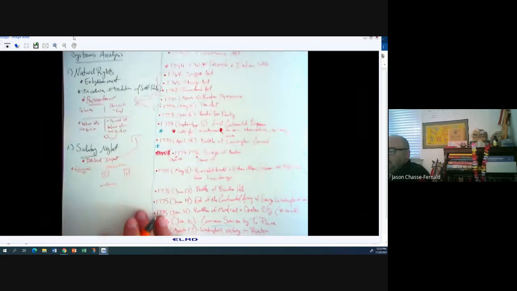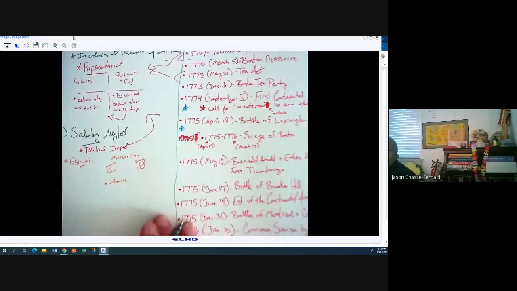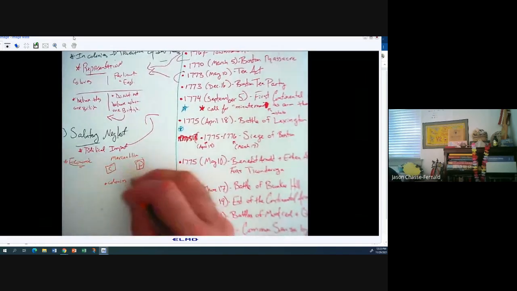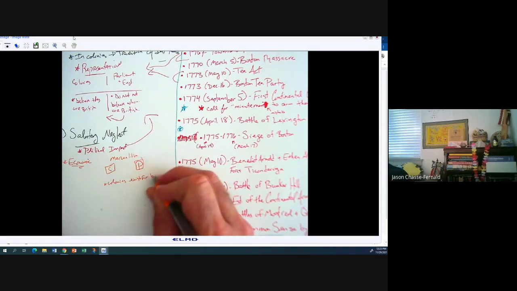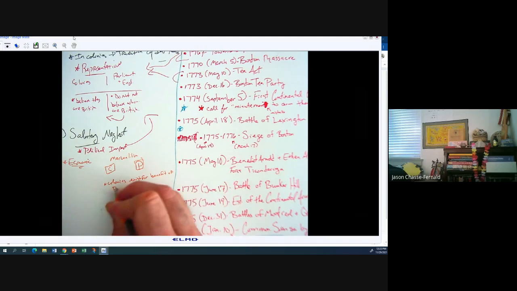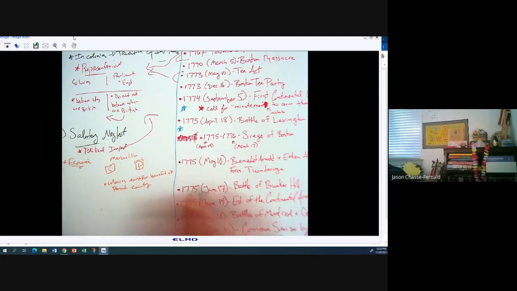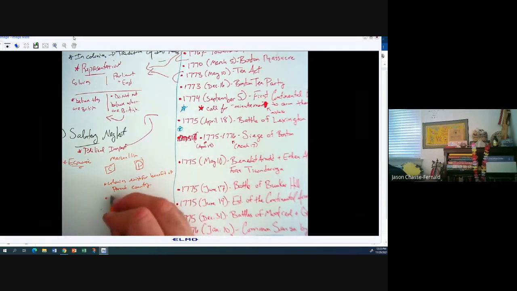Zoom in a little bit because I'm going to write this a little small. Colonies exist for the benefit of the parent country, right? Which means it is all about resource extraction.